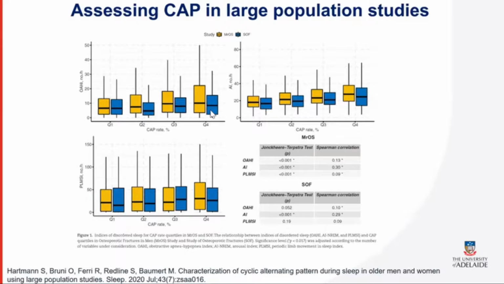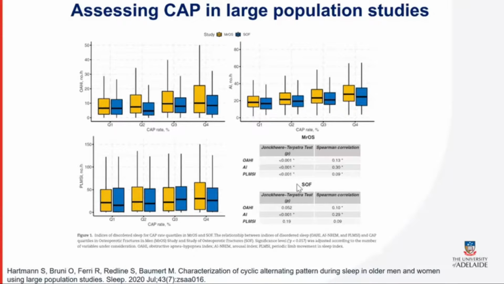We looked at the quartiles of CAP rate, and we see a correlation between the apnea-hypopnea index, arousal index, periodic limb movement index, and the CAP rate. The more of those sleep disturbances you have, the more periodic activation phases you have. This is shown in both data sets.